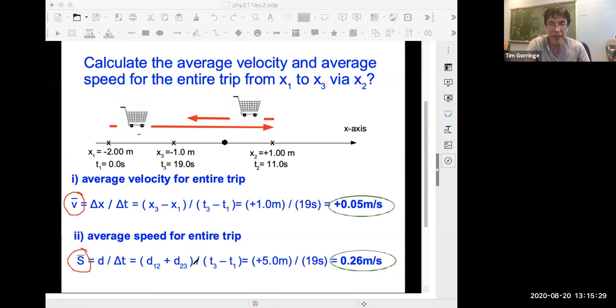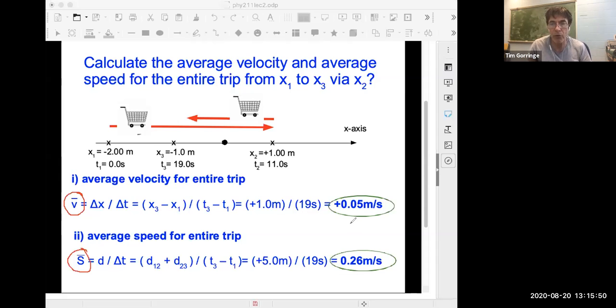So I've got to take the distance for the entire trip, which again, I'd previously worked out, and divide it by the elapsed time. The distance, if you remember from the earlier slide, was 5 meters divided by 19 seconds. That gives me 0.26 meters per second. And so that's the average speed for the trip.